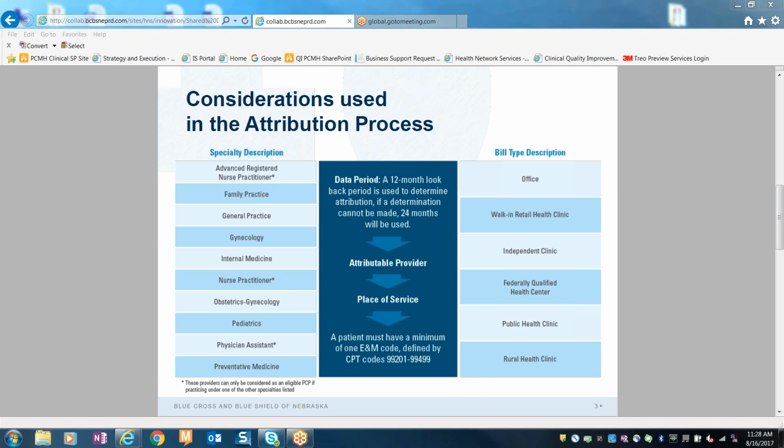All right, another question came in, it looks like from Beth. The question is, do patients go off your attribution monthly, or how long does it take to get patients off? So attribution changes monthly based on historical utilization.